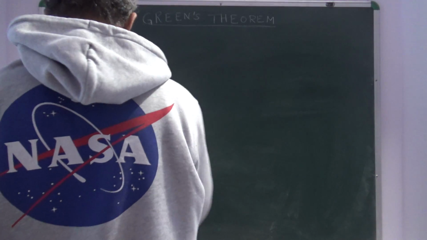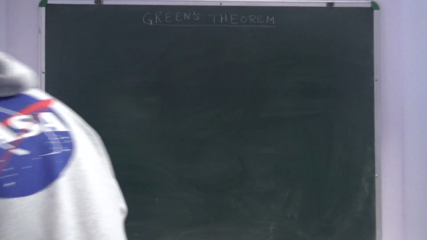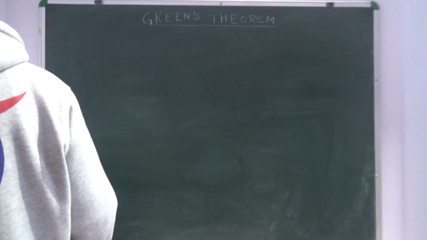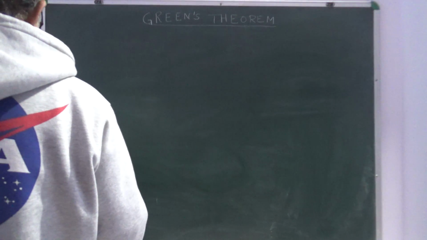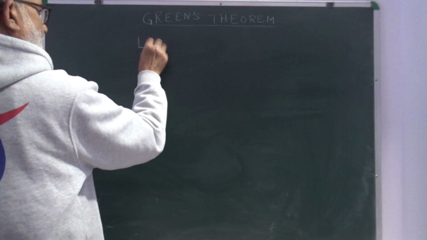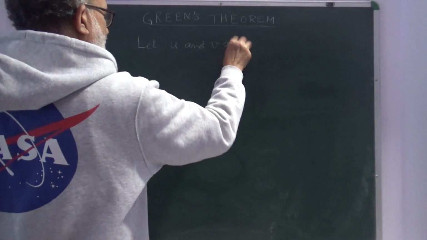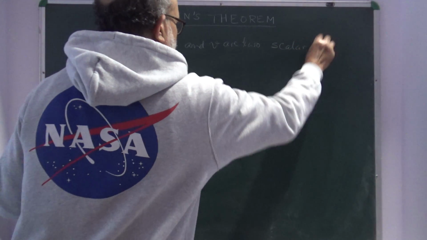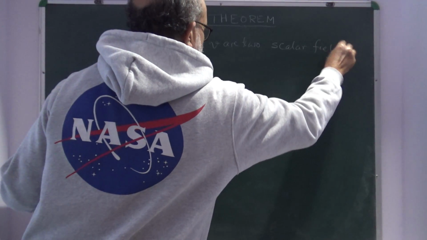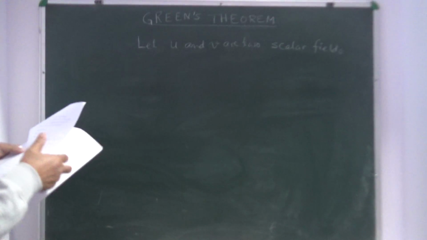So Green's theorem is, suppose we have two fields and we take the gradient of one field and multiply the gradient of that field with another field. Let U and V be two scalar fields.